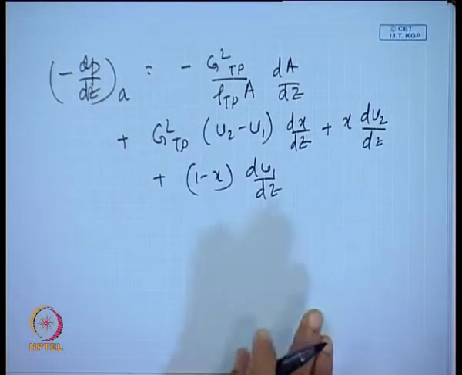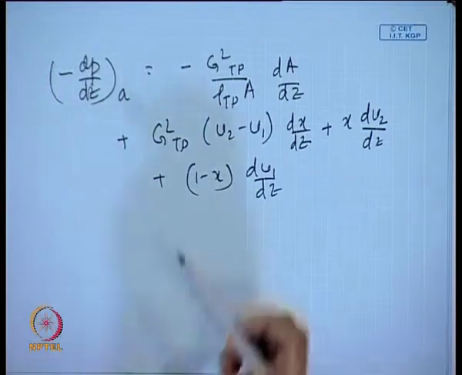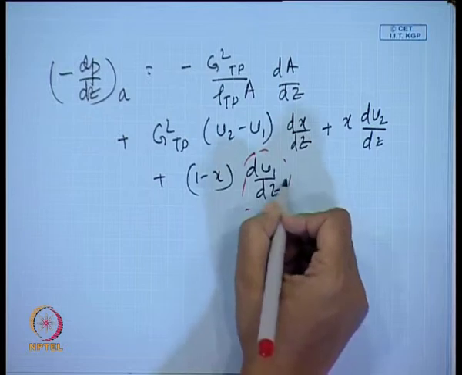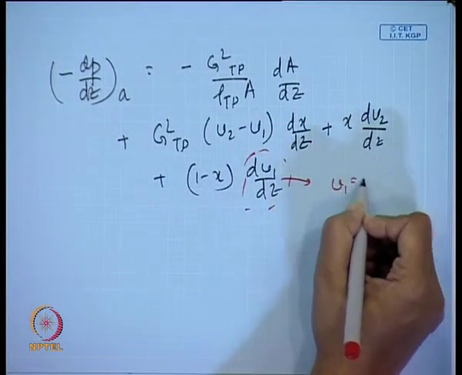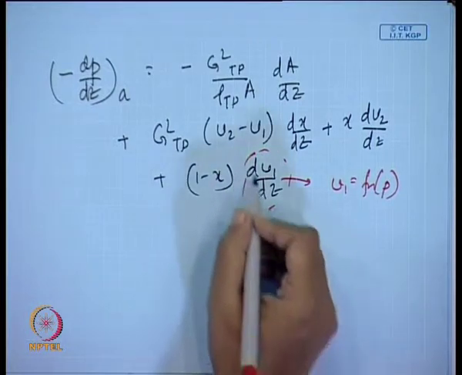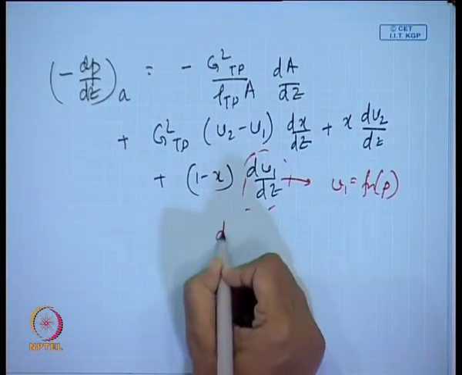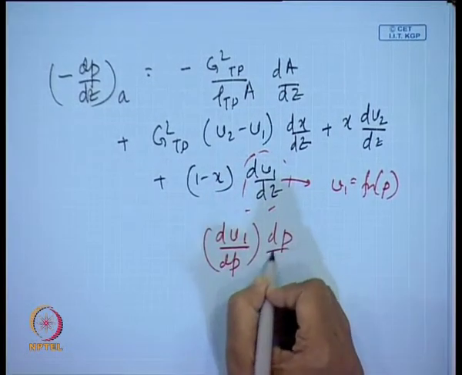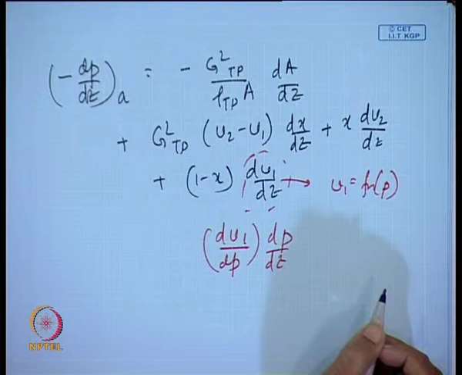Now, in this expression you see why is this particular V1 varying with z? It will vary only if V1 is a function of pressure. So, therefore, if that is so, then this can be written as dV1/dP dP/dz, yes or no?